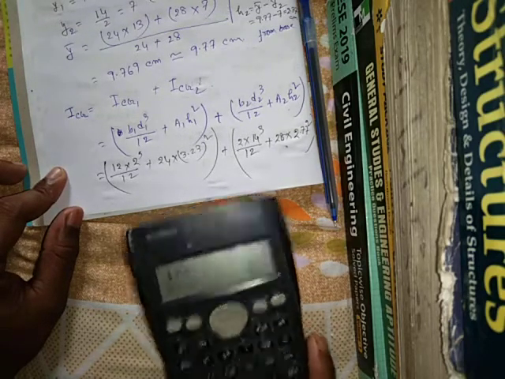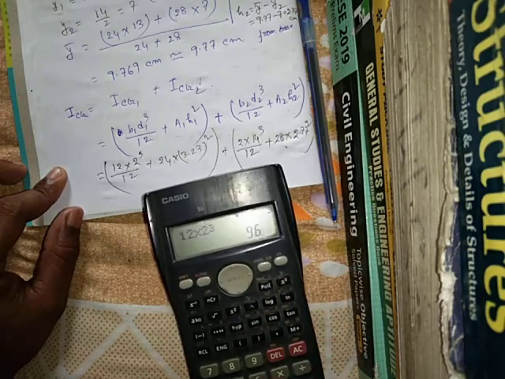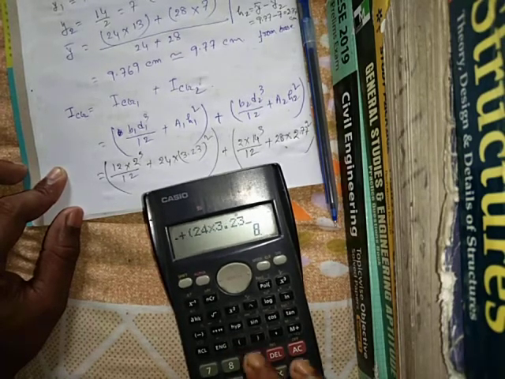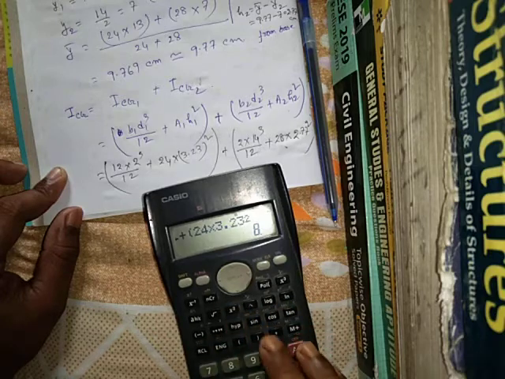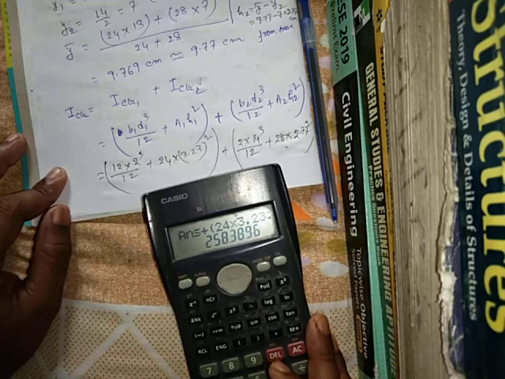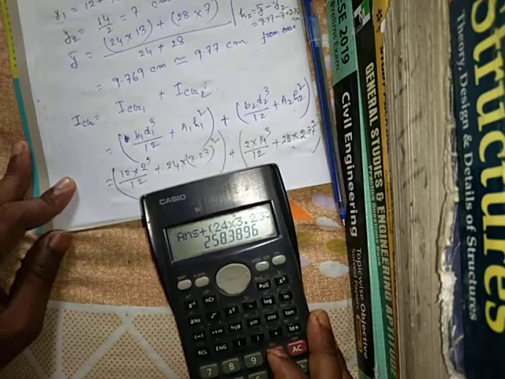Twelve into 2 cube divided by 12 means 8, plus 24 into 3.23 square, which is equal to 258.39.